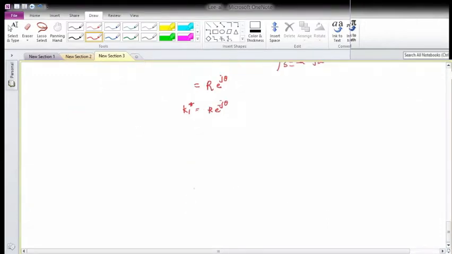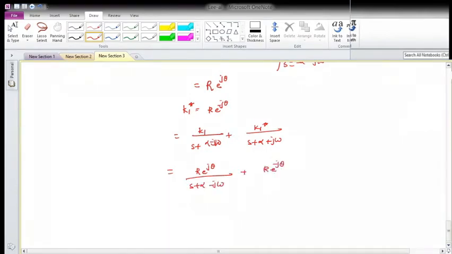Now if I would like to take the inverse, what will it be? Say I had two roots: k1 over s plus alpha minus j omega, and k1 conjugate over s plus alpha plus j omega. So k1 I got as r e raised to j theta over s plus alpha minus j omega, plus r e raised to minus j theta over s plus alpha plus j omega, and then I will apply the inverse.